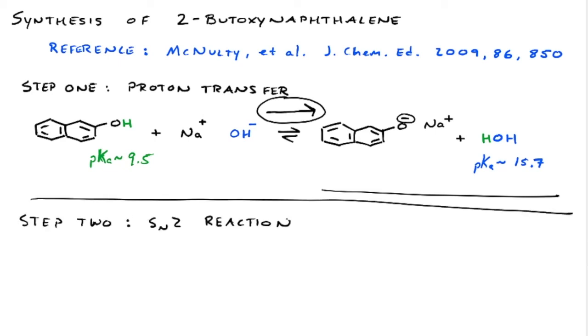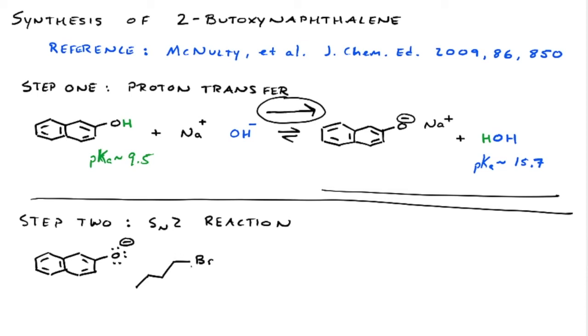In the SN2 reaction, we're going to begin with this naphthoxide as our nucleophile. And to this nucleophile, we're going to add 1-bromobutane. 1-bromobutane is a great substrate for SN2 reaction.